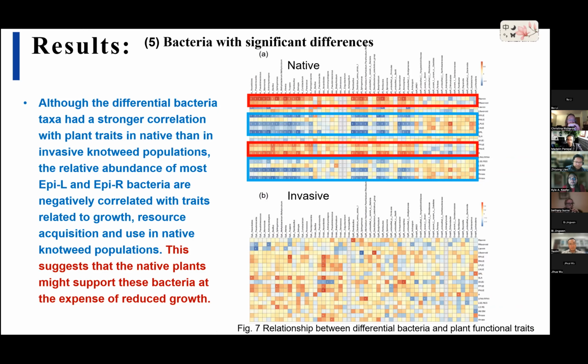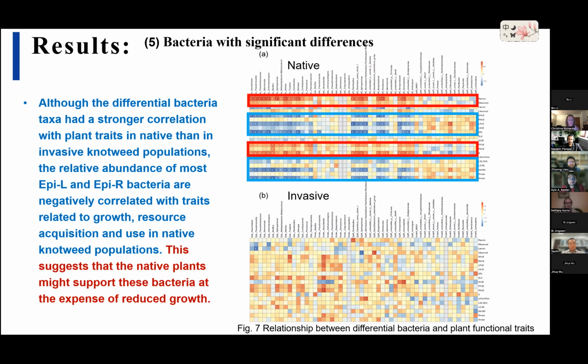We can see although the different bacterial taxa had a stronger correlation with plant traits in native than in invasive, the relative abundance of most epiphytic leaf and root bacteria were negatively correlated with the traits such as growth, resource acquisition and use in native ones.